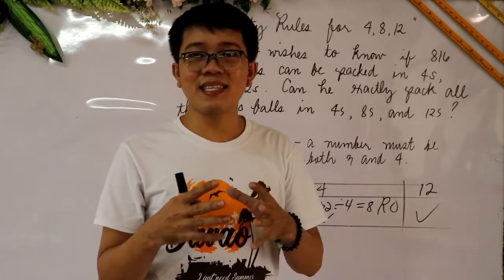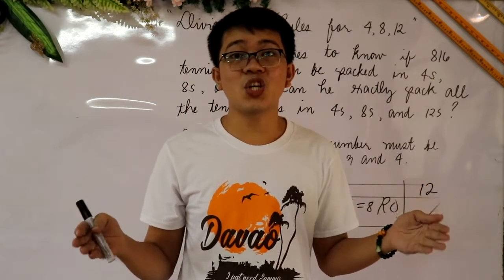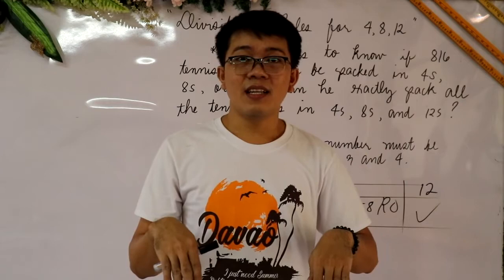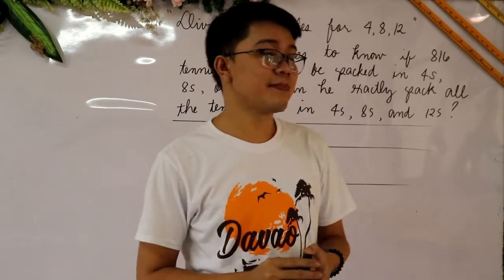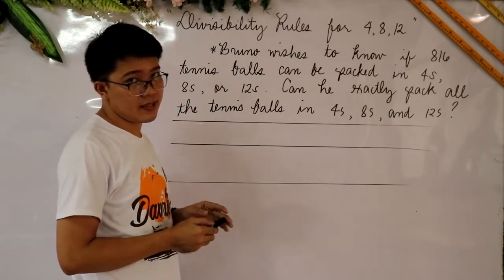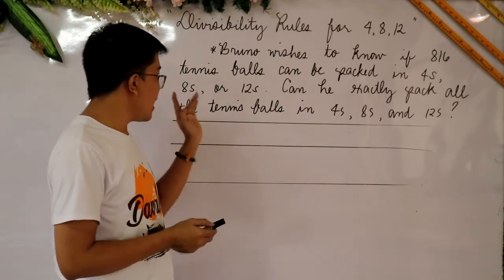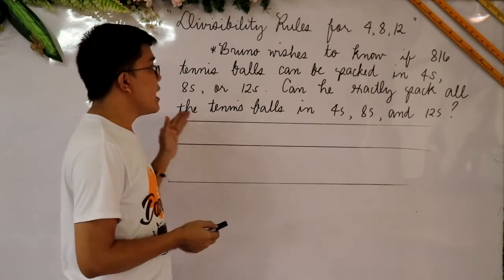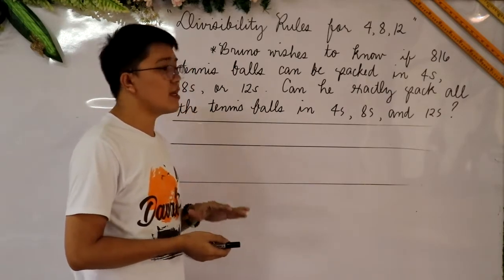Since we're done discussing the 3 divisibility rules today, it's time for us to go back to our problem and try to answer it. Now let me read the problem for you again. Bruno wishes to know if 816 tennis balls can be packed in 4s, 8s, and 12s. Can he exactly pack all the tennis balls in 4s, 8s, and 12s?